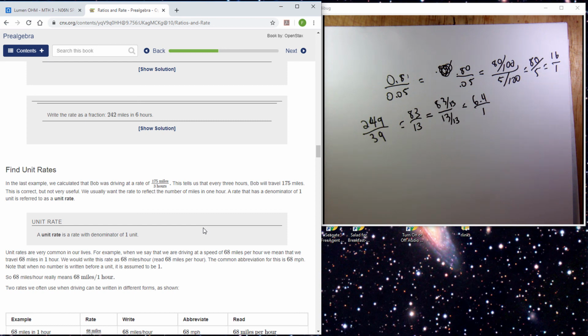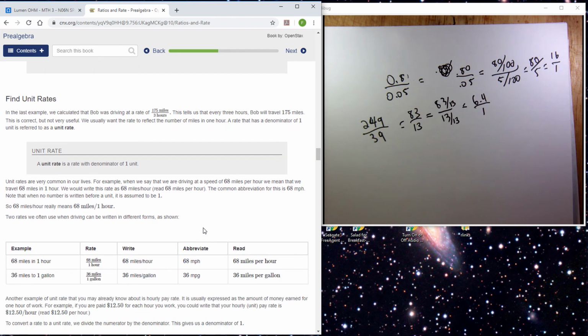How much does it cost per ounce? Per 1 ounce. It's a rate per 1 unit. So this is an example of unit rates, miles in 1 hour, per 1 unit. Examples here of rates.